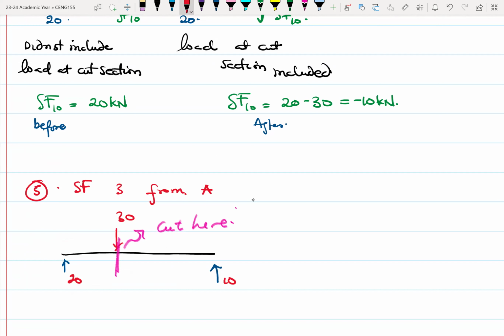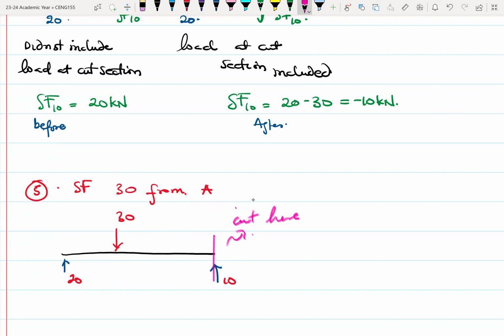This is 30 meters from A. So here we have to cut this section right here. So cut here. Again, we are running into a similar problem as we had when we cut the section where the 30 kilonewton load was acting.